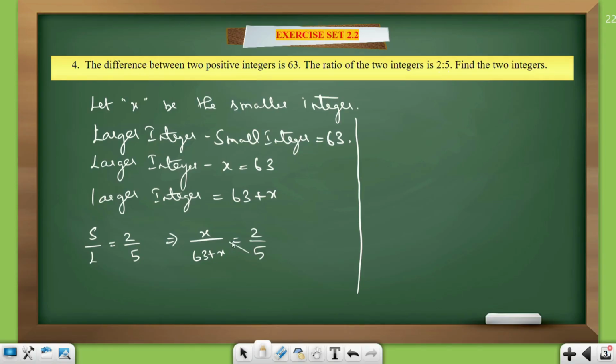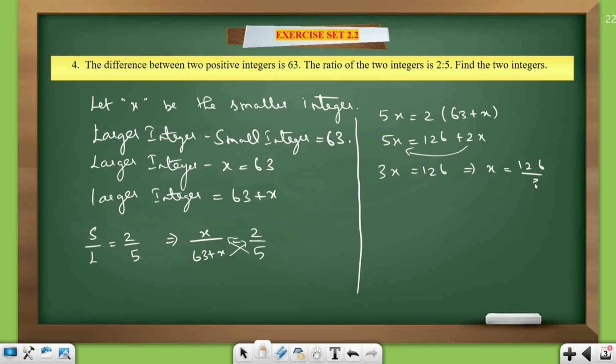So cross multiply these two values, we get 5 times x equals 2 times 63 plus x, which is 5x equals 126 plus 2x. If you bring this 2x to the left hand side, 5x minus 2x is 3x equals 126. This implies x equals 126 divided by 3, which is nothing but 42.